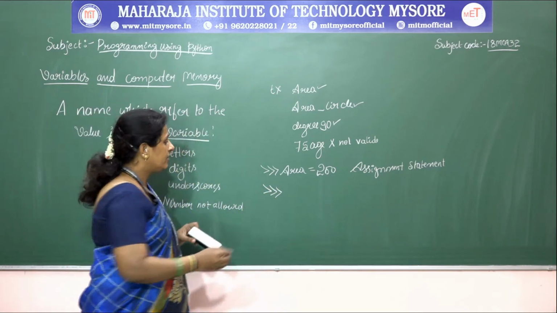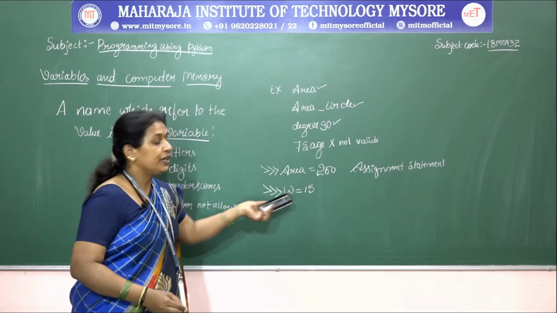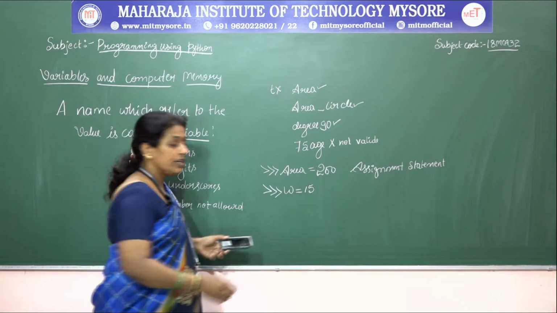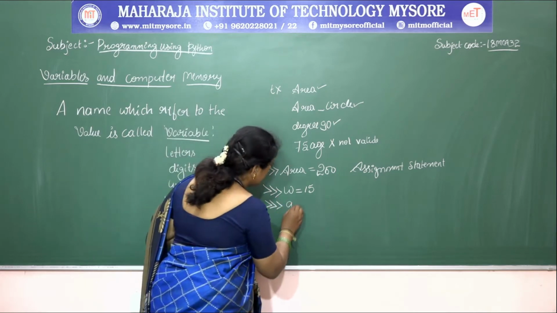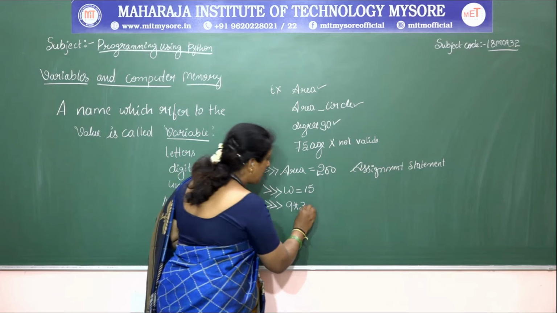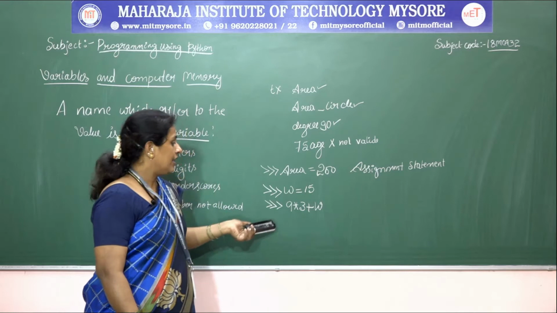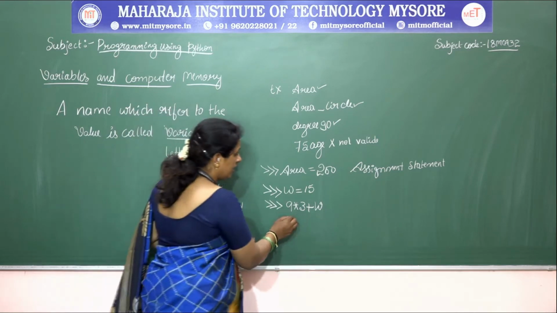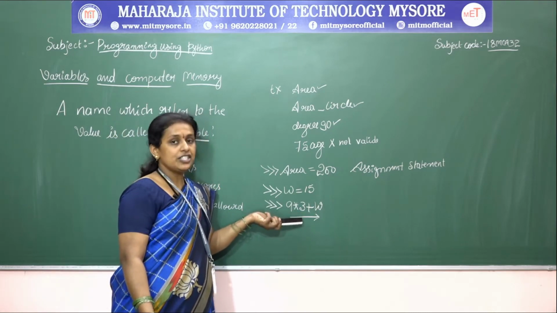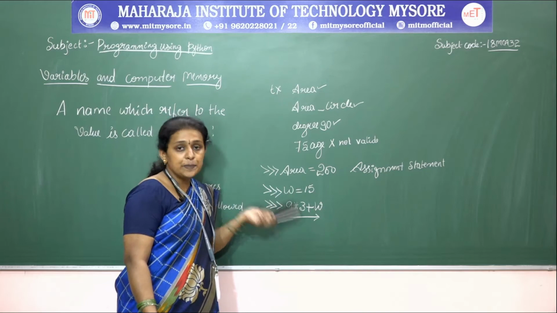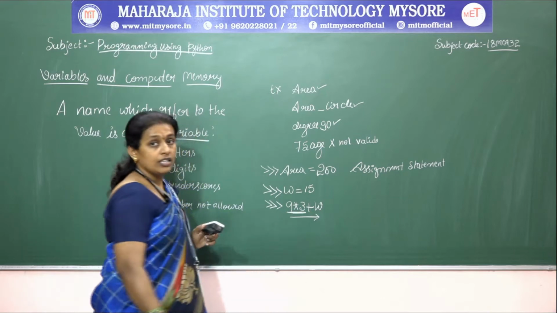Here I am taking a variable name as a letter. I will assign a value 15 to a variable called W. Then I am writing a simple expression, 9 multiplied by 3 plus W. The evaluation of the expression goes from left to right, and the star multiplication symbol has the highest precedence, so first it will execute 9 multiplied by 3.